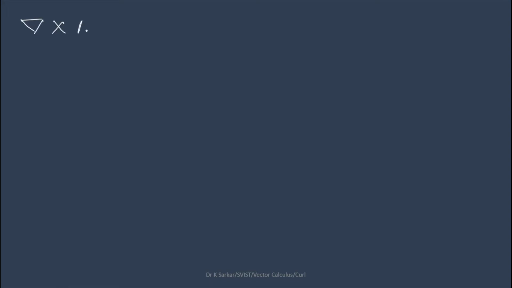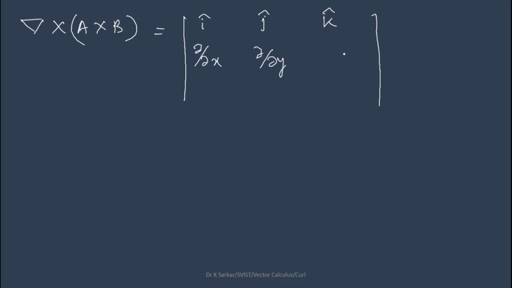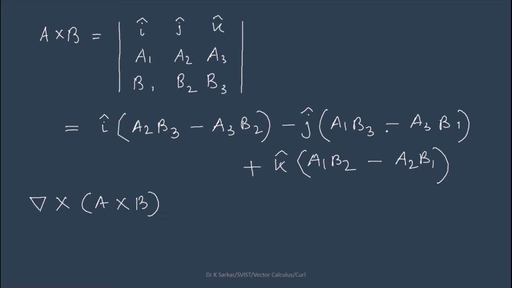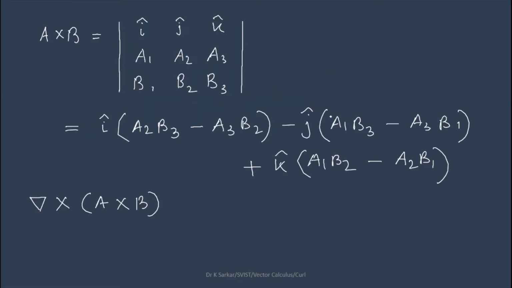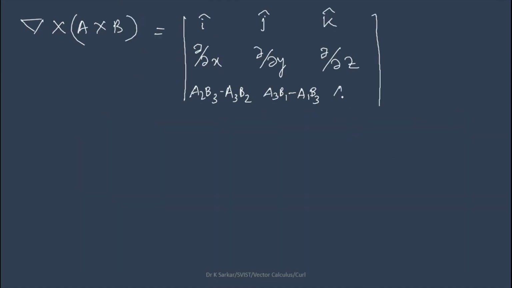So del cross (A cross B) is the determinant with rows i, j, k; del/del x, del/del y, del/del z; and the components of A cross B: A2 B3 minus A3 B2, then A3 B1 minus A1 B3 because of the minus sign, and then A1 B2 minus A2 B1.